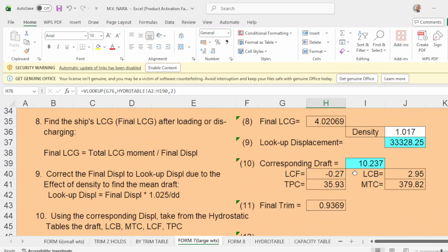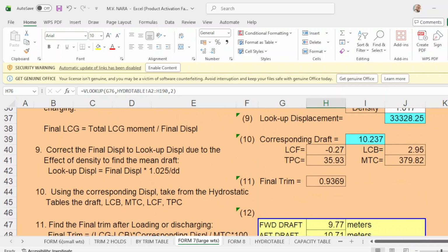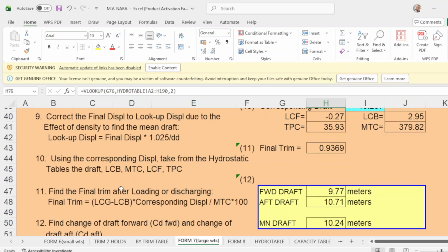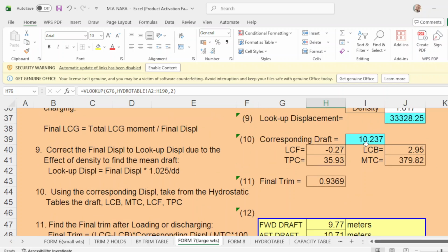Okay, that will be number 10. So number 10 is using the corresponding displacement, take from the hydrostatic table the drop, LCB, MTC, LCF, and TPC. So these are the values of the drop, LCF, TPC, LCB, and MTC.